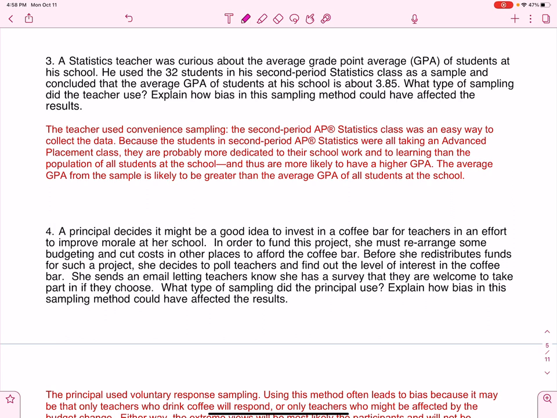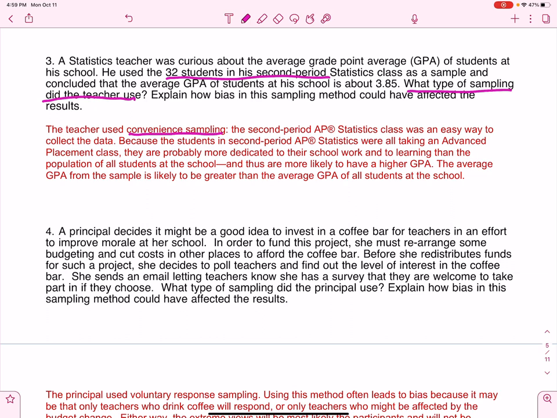Now we're going to look at example 3. For this one, just pause this video and read the example. What type of sampling did the teacher use? Well, this teacher used 32 students in his second period statistics class, so this would be convenience sampling.